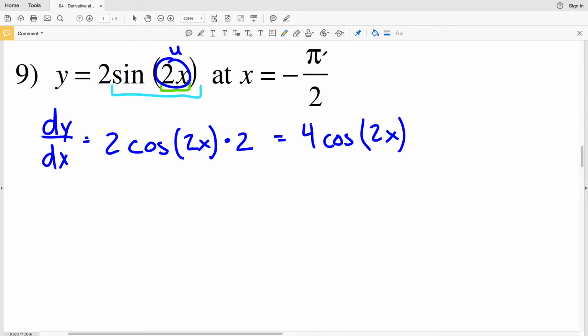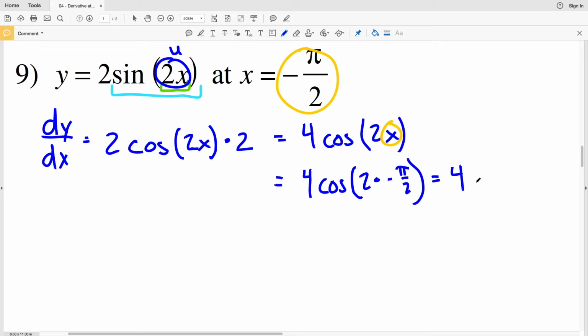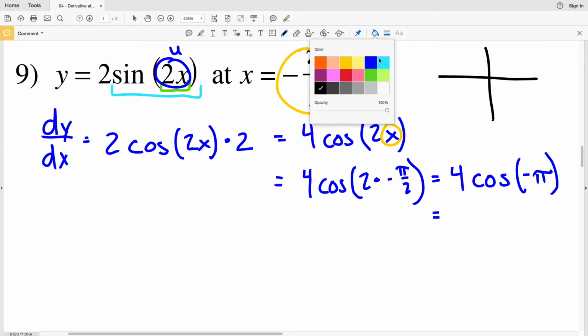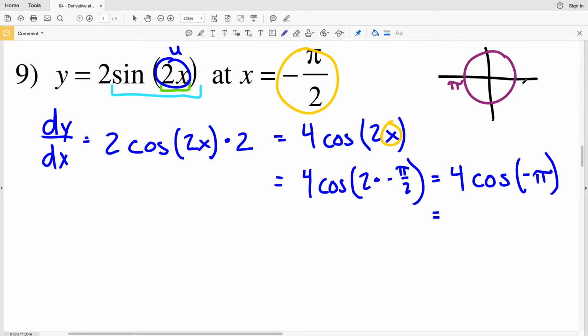Now I can plug in my x value of negative pi over 2. So plugging in negative pi over 2, I'll get 4 times the cosine of 2 times negative pi over 2, which is equal to 4 times the cosine of negative pi. And if you remember on our unit circle, pi occurs here, here's 0, so negative pi is where pi is.